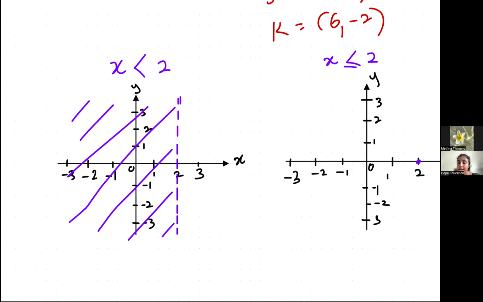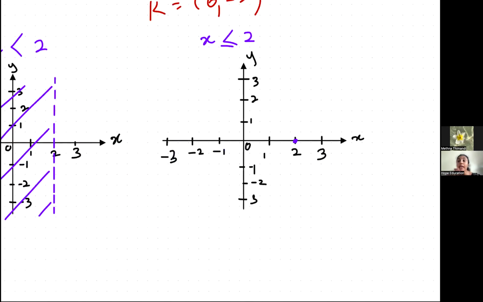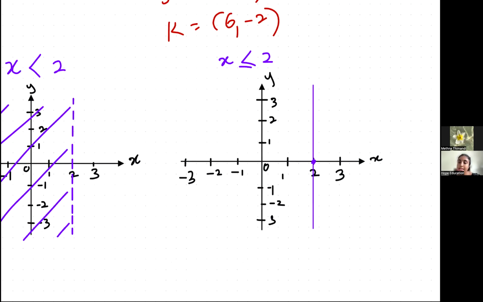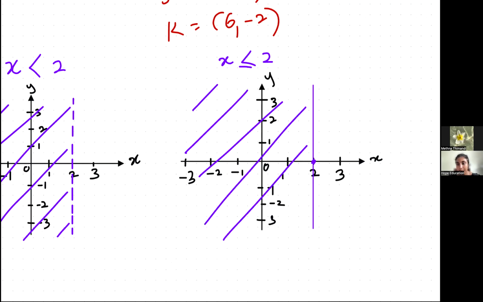But here they say x is less than or equal to 2, so I can draw not a dash line but a proper line going through 2 like this. Then x is less than 2: the values less than 2 are this side. So this entire region is represented by that inequality. Okay, is it clear?